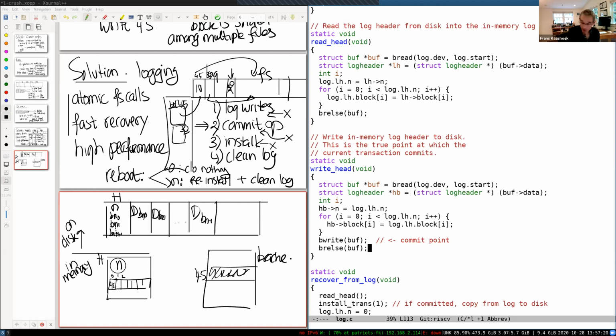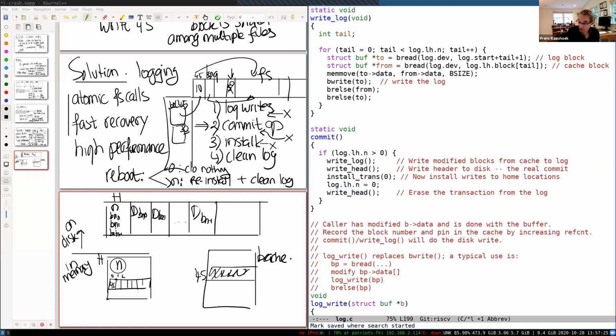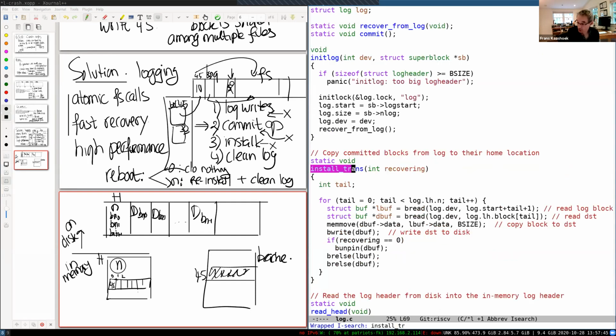Okay, so let's go back to commit. After it's committed, it actually installs the transactions, and that's pretty straightforward. It takes the blocks, looks at the header for where that block belongs, and writes it to that particular location. We can look at install trans and see that's what it does.